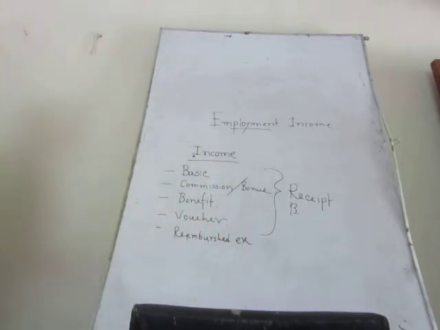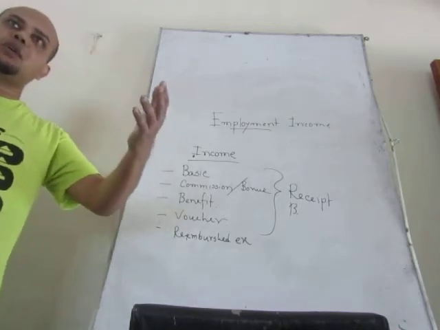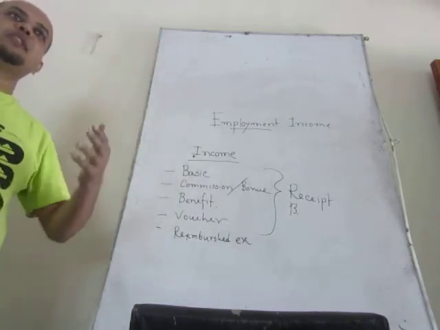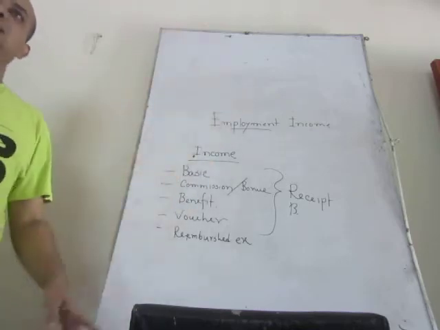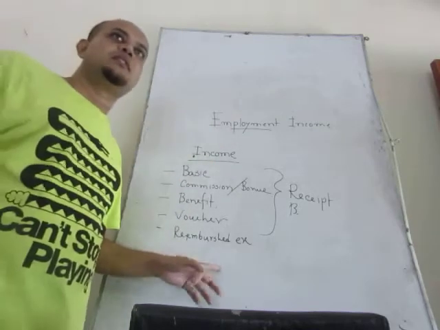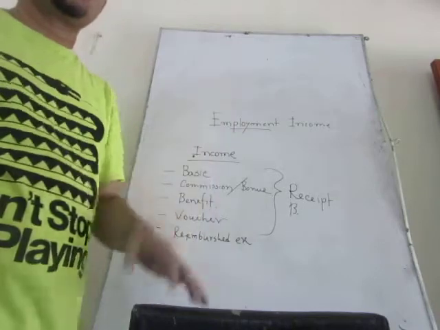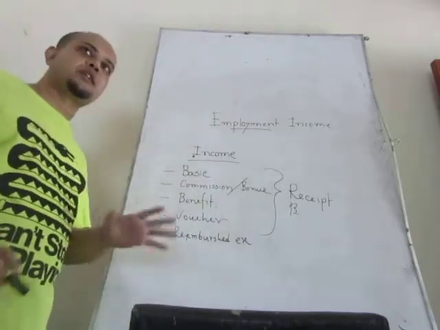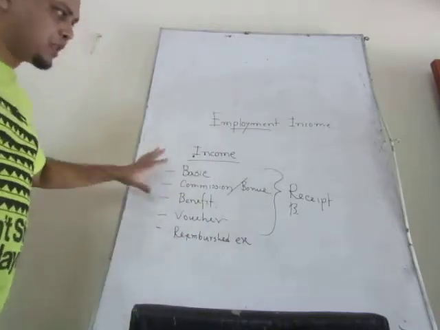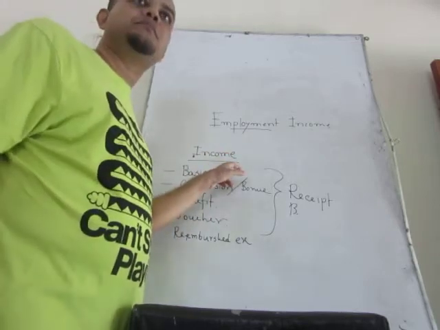Reimbursed expenses, as for example TADM. For any kind of office activity, when the employee is traveling somewhere else, he will be provided different kinds of TADM, travel allowance. That is all a kind of reimbursed expenses actually. So these all are actually income.